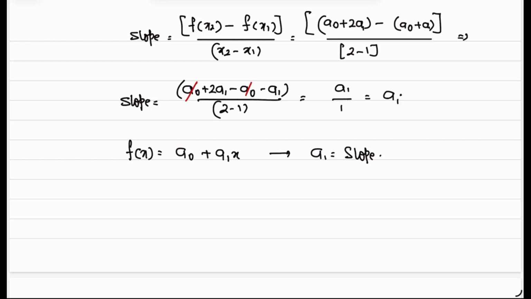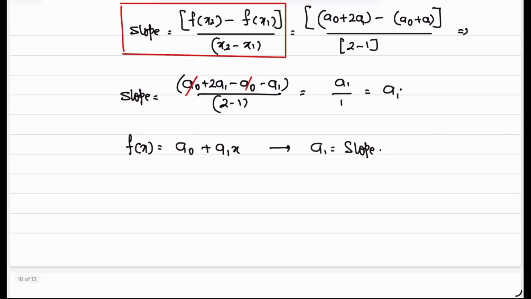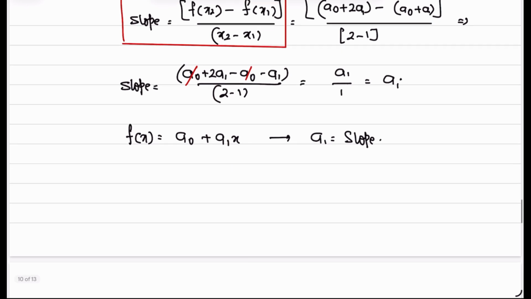In this equation, slope for a straight line is f(x2) minus f(x1) over x2 minus x1. These x2, x1 are arbitrary numbers. Anywhere you can take. For a particular straight line, the slope will be constant. Please try to understand this concept.